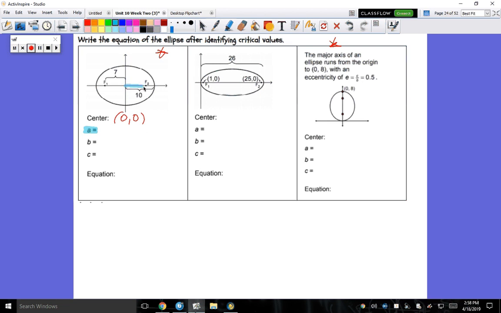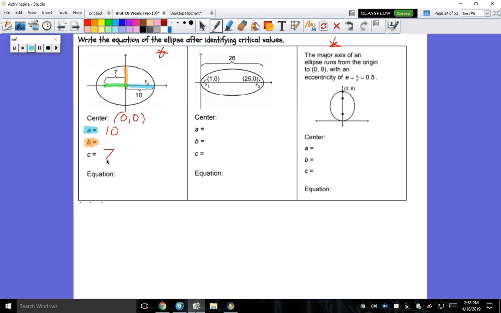X. So this is A. So A is what? 10. B is this. Do you know B right now? Nope. But you do know C. C could either be here or the same distance this direction. So C is 7.